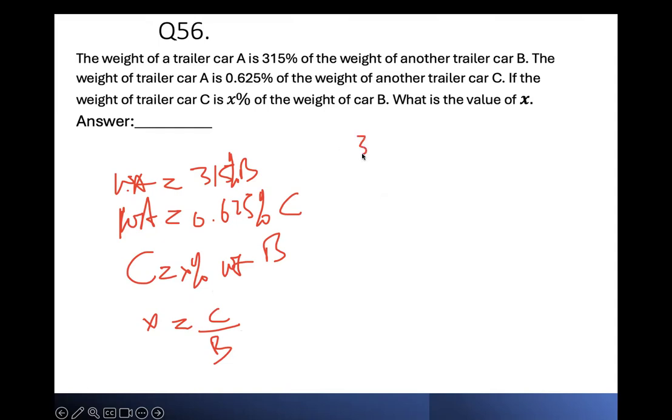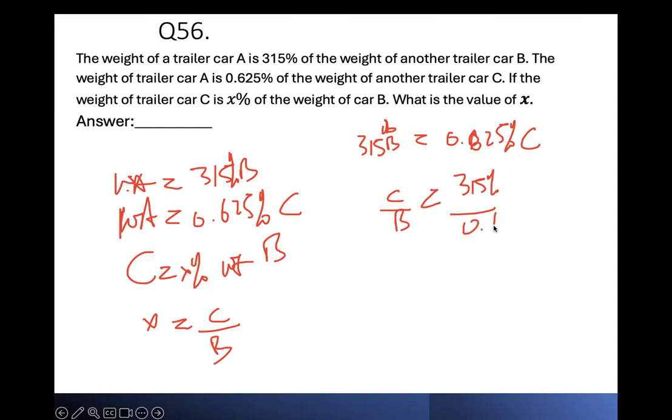That means 315% of B, right? 315B is very, very important. You must type percent is equal to 0.0625% of C. Change B, C over A. C over B is equal to what? 315% over 0.0625%.